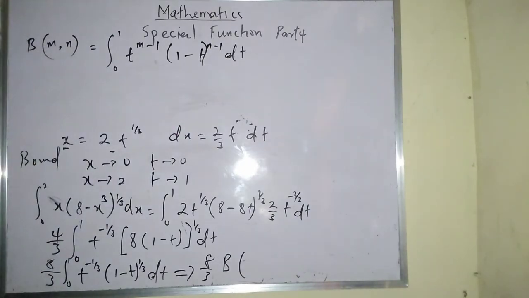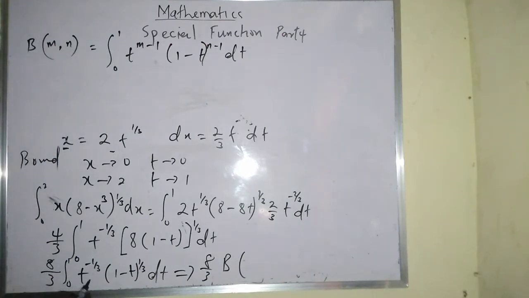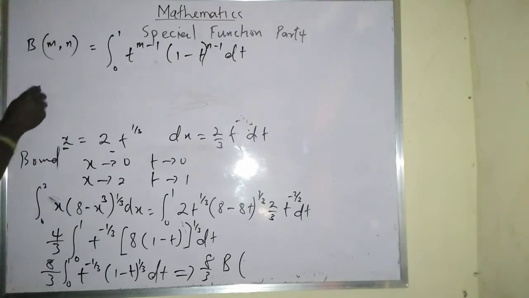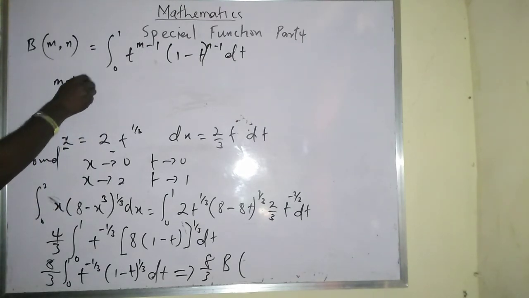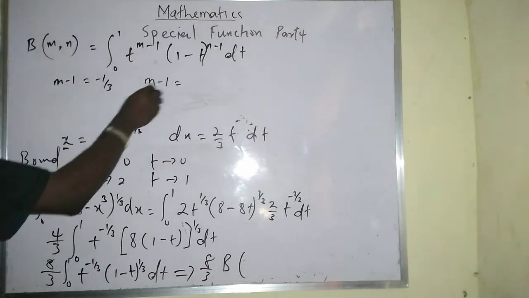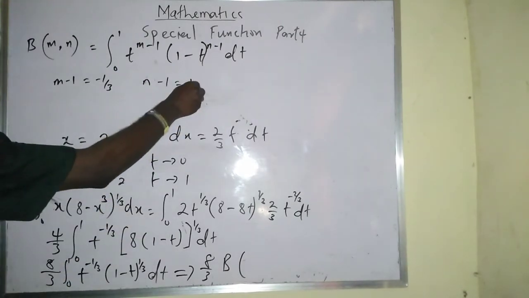In our previous video, I was using x, but that was not me. Now, if I compare with this, the power of the variable means my m minus 1 equals minus 1 over 3, and my n minus 1 equals 1 over 3.